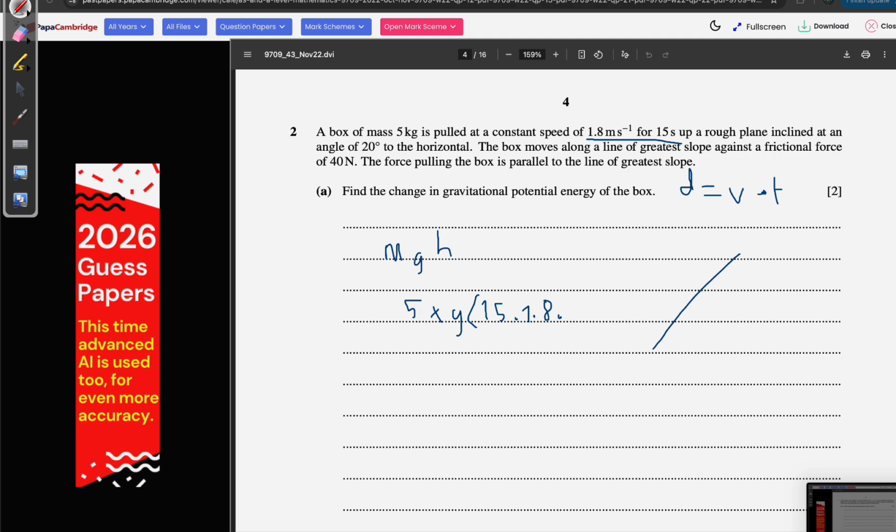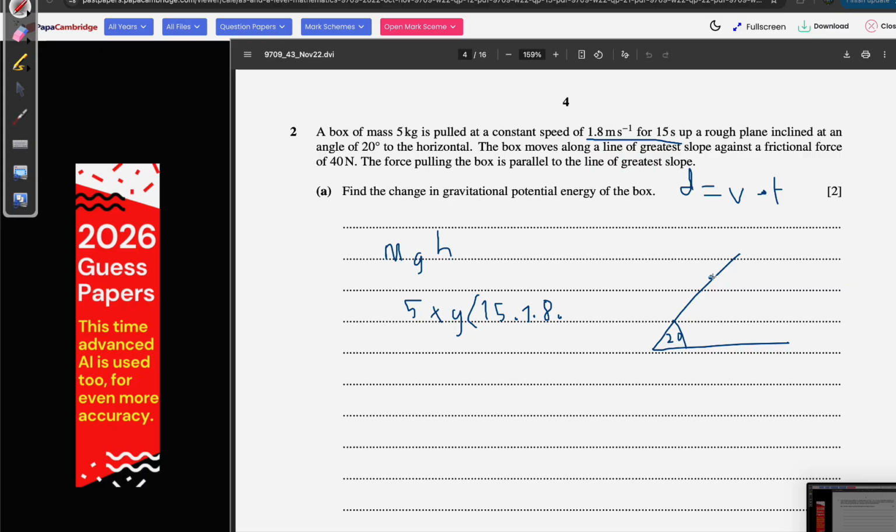Let's say here we have angle 20, but we have the, how can I say it? Just do sine 20, right?